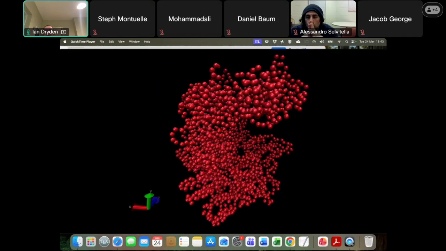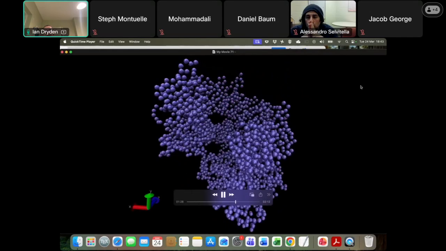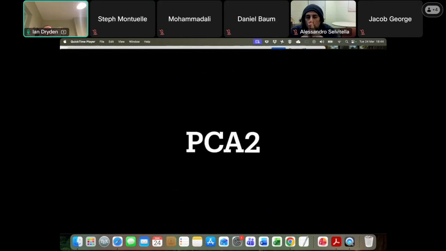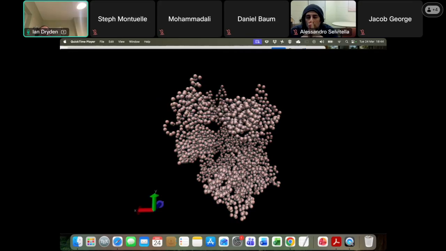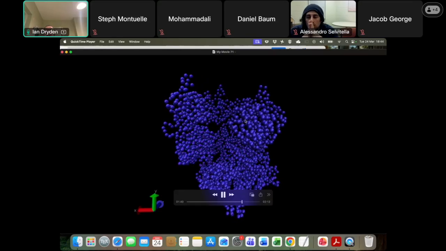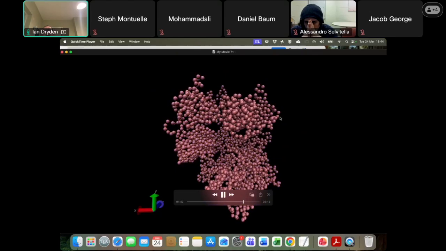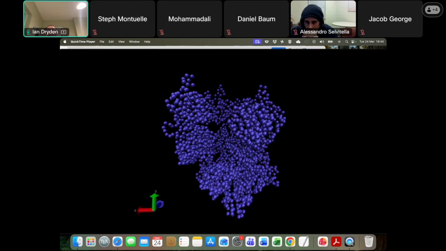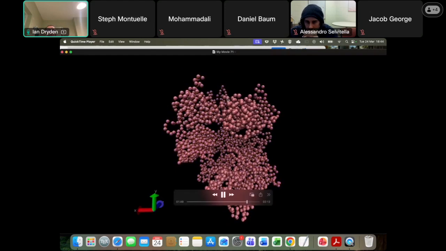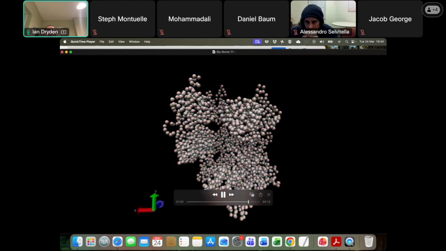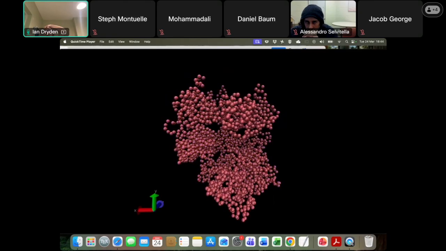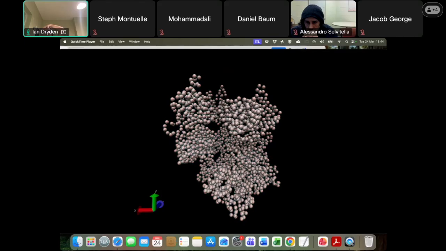It'll get there in a second. PCA2. So that's not much movement, but that's really clearly closing. This clamp is closing. This clamps around DNA, and again, these points are moving in straight lines, whereas they were moving in circles. And you only really need one PNS, whereas you need 2 PC scores.